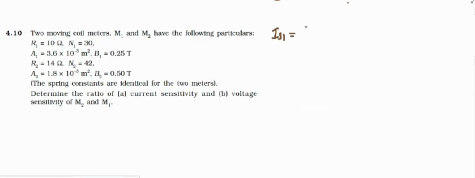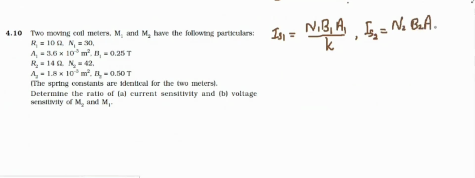IS1 is equal to N1 B1 A1 upon K. And because it is given the spring constants are identical for the 2 meters, we have the same value of K. Now IS2 is equal to N2 B2 A2 upon K. Now you have to take the ratio IS2 upon IS1.